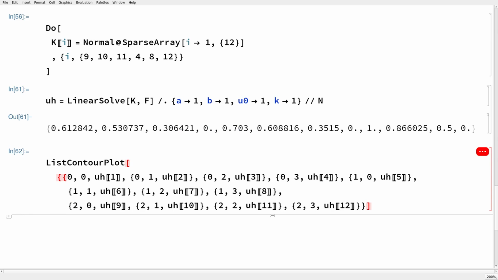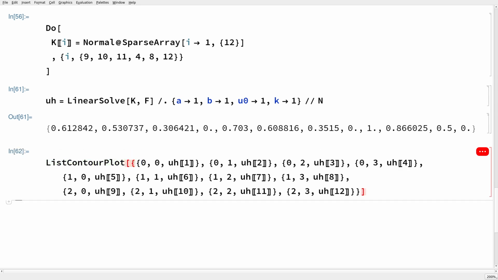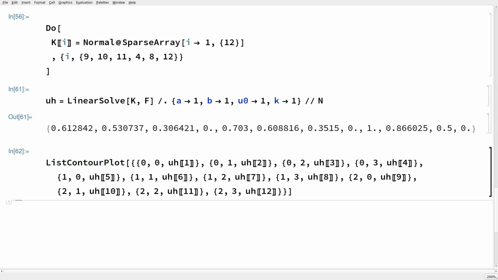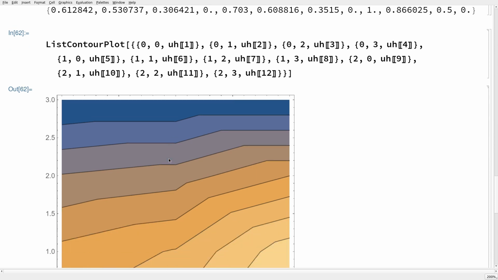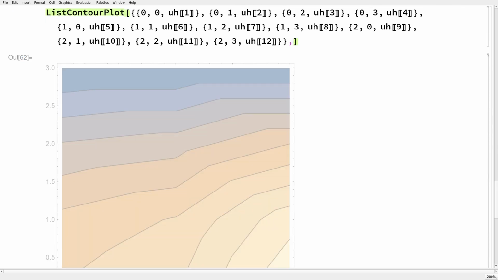The first node is not closed. That's right. Here too, yeah. I made that typo in the first row.